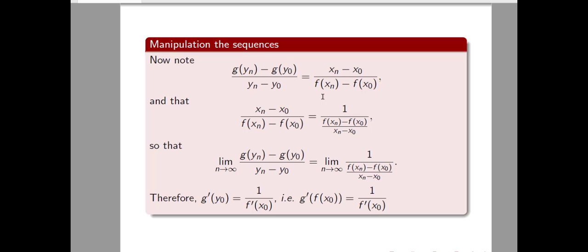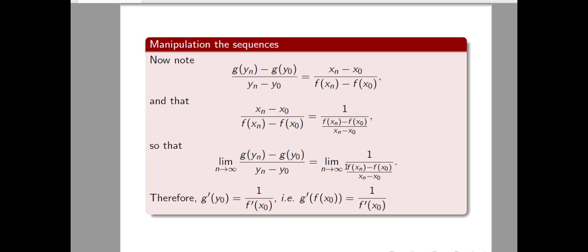Now we can take that right hand side, make it the left hand side, and then it's equal to the reciprocal of our difference quotient, so that we take the limit as n goes to infinity of our sequence g of yn minus g of y naught over yn minus y naught.